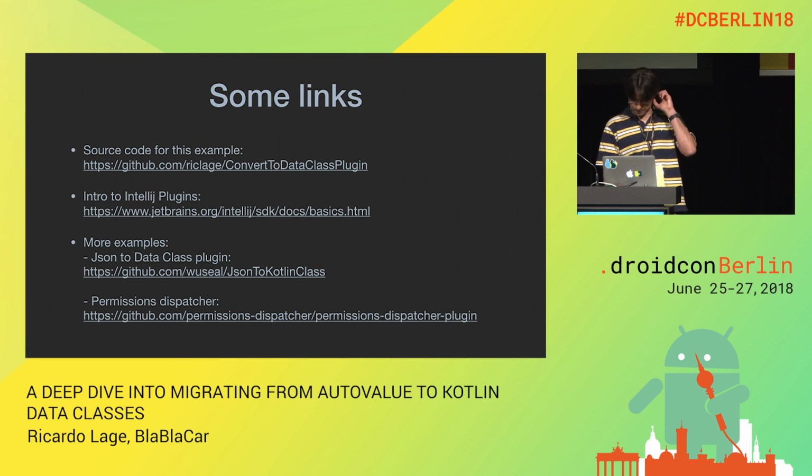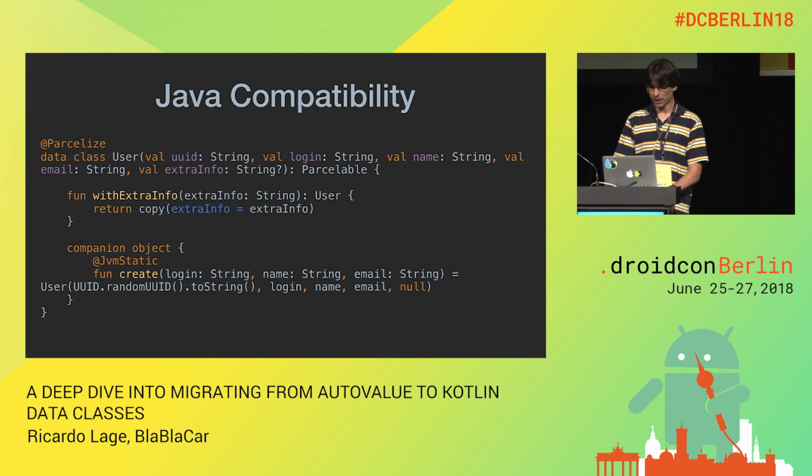One last thing that we did with our data class in our project, because we wanted to keep compatibility with Java, we still had Java classes, we're not migrating everything to Kotlin straight away. So we kept the with methods that we had, because in Java you cannot use copy out of the box for one single transformation. In Java you have to transform all the methods if you want to use copy.